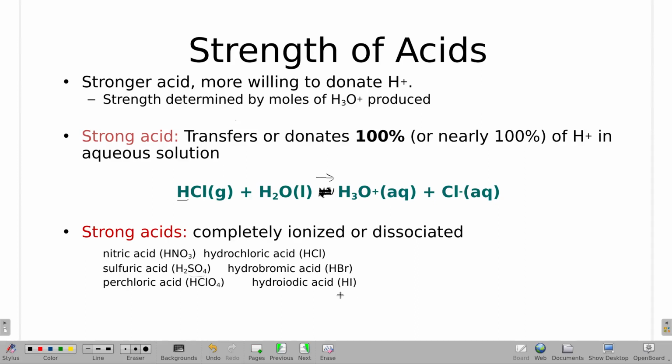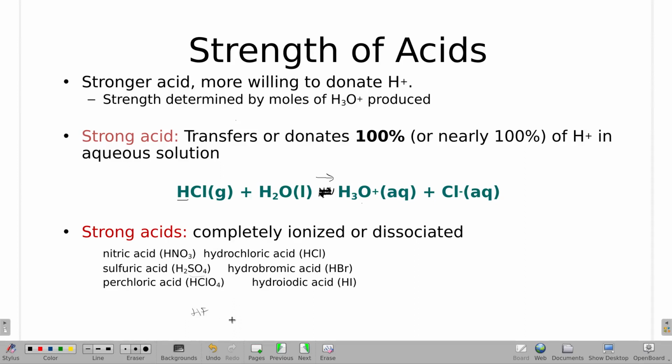The weird thing is, any other acid that's not on this list is what we're going to call a weak acid. What I mean by that, you notice how HCl, HBr, and HI, it's missing HF?